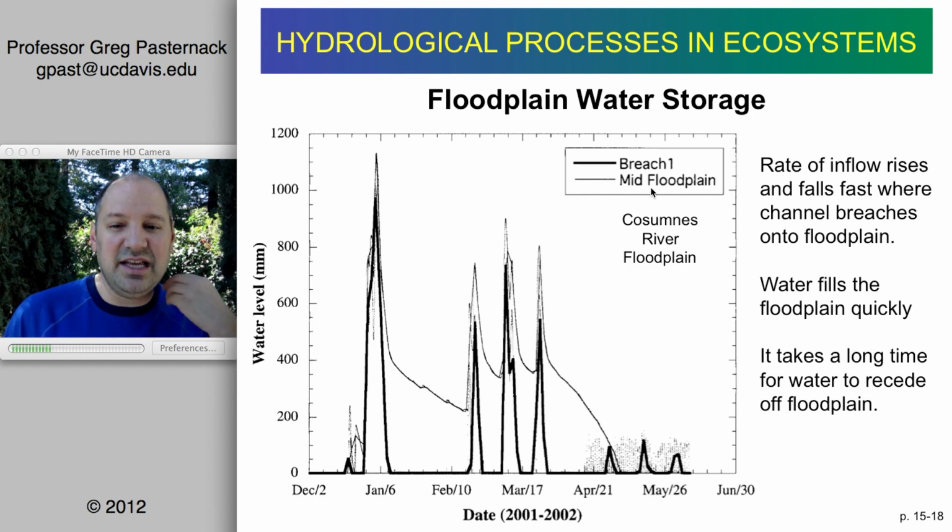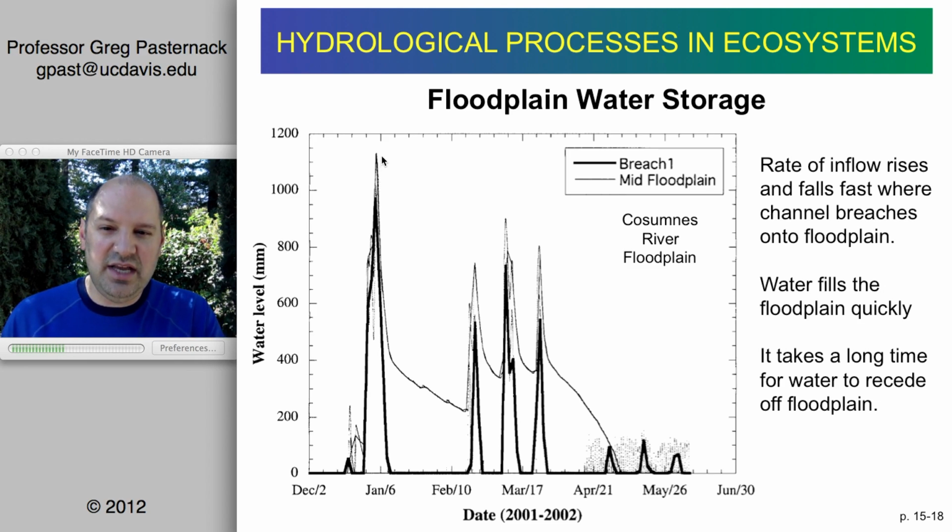The thinner line says mid-floodplain. That's down in one of these agricultural pools, like out in the middle. And what you can see there is that the water may come in relatively abruptly, but the water can't get out very easily. So we see a relatively rapid initial drainage, but once we get down to a certain elevation, the water becomes trapped or ponded, and it may take a slower time for infiltration, evapotranspiration, and some superficial drainage to get rid of that.